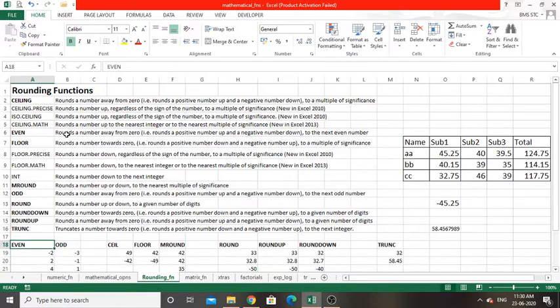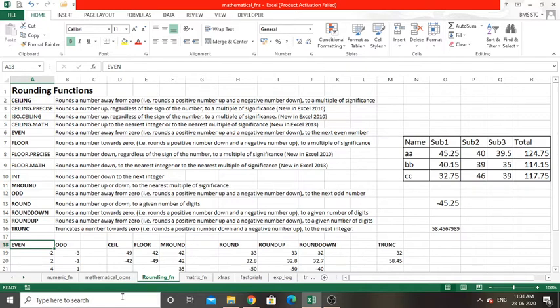The main objective of rounding functions is rounding a number away from 0 or towards 0, that is rounding up or rounding down. A number can be a positive number or a negative number. So depending on that number, we will round that number either away from 0 or towards 0. So throughout this video, that means we will round a number according to the number of digits or the significance value that we pass on.